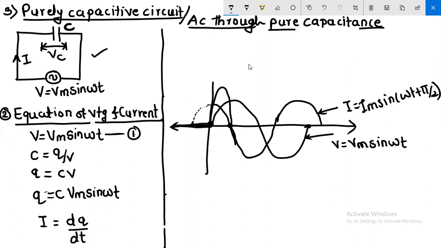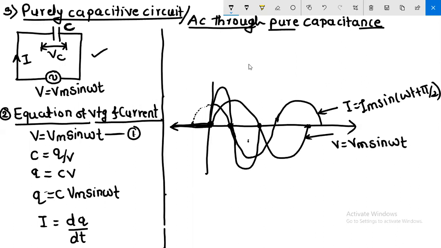Now from this point to this point, your voltage is positive, but the current waveform is negative. So what will be your total power? Negative. So see like this.